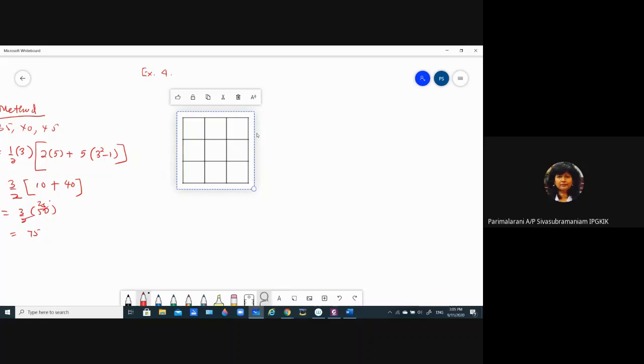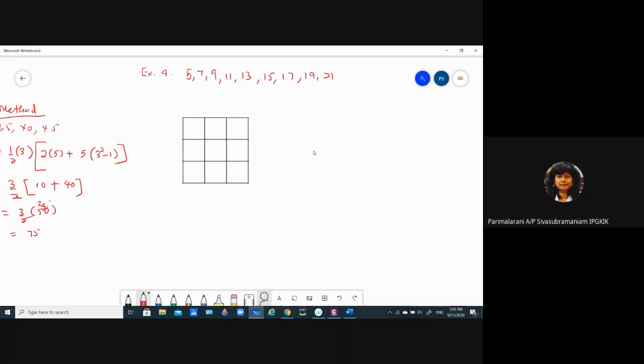I'm going to give you a set of numbers. I want you to try. You must be able to do this within 5 minutes if you understand the Siamese method. Put these numbers in the magic square below using the Siamese method.